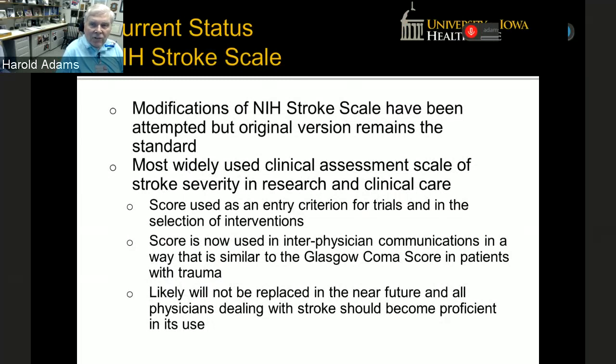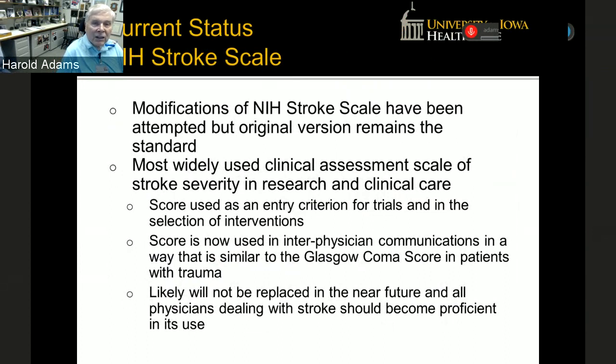National guidelines provide recommendations based on the NIH Stroke Scale. It is [the standard] for stroke like the Glasgow Coma Scale or score is in patients with trauma. If you're going to do a stroke trial in one of your research projects, at the present time, you should not plan on replacing the NIH Stroke Scale with something else.